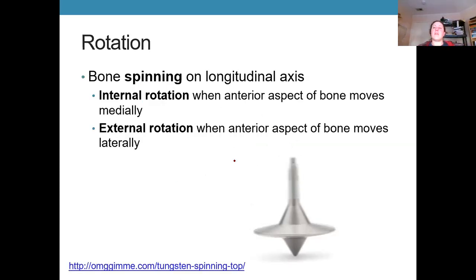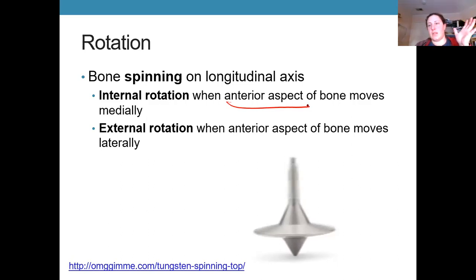So our third category is rotation. We define rotation as spinning on the longitudinal axis, longitudinal referring to the length. So this is something we need long bones for the most part. When we have limbs that do this, when we're rotating at the shoulders or the hips, which are the places that we can rotate our limbs, we can rotate them two directions. Internal rotation is defined as when the anterior aspect of the bone moves medially.